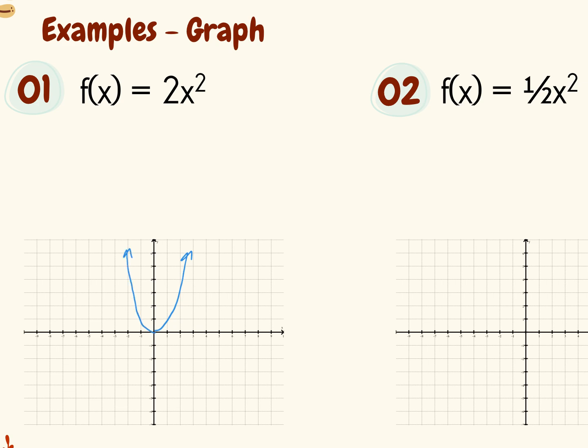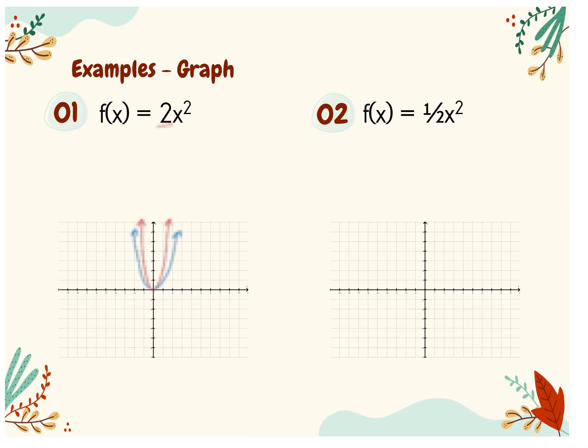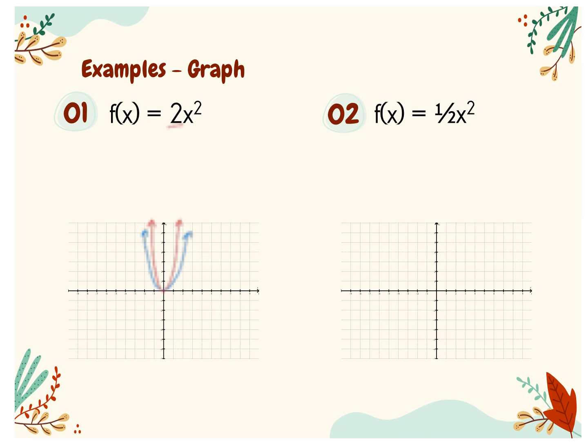And our stretch, in this case it's a stretch because 2 is a number that's bigger than 1, and it's being multiplied to our function, so it's going to stretch. It's going to look something like that. Right, it's going to get a lot longer. You can plug in points if you want a more exact graph, but this isn't the focus of this lesson, right? This is just a little bit of review.